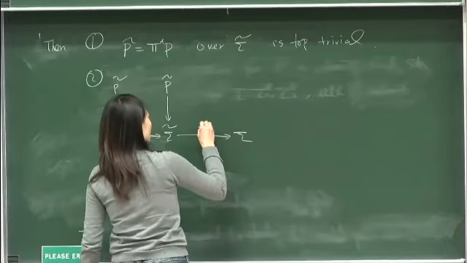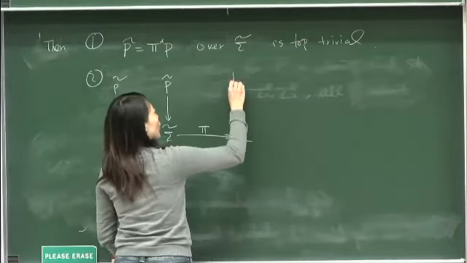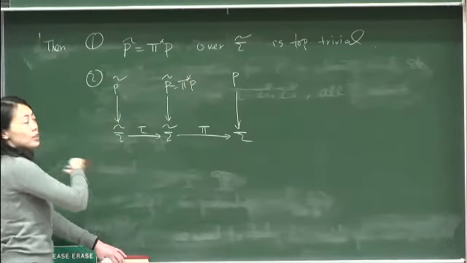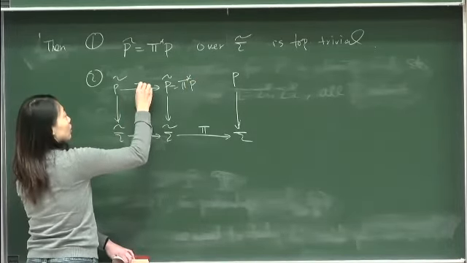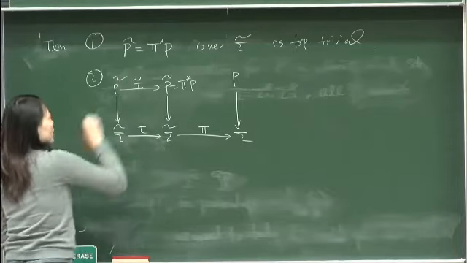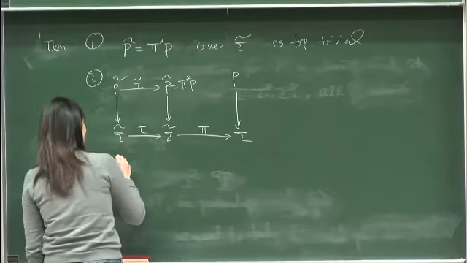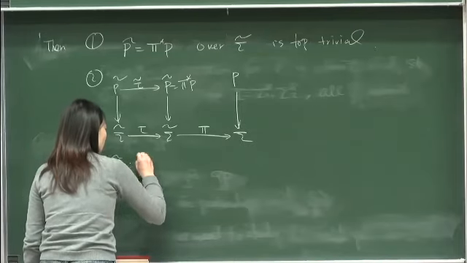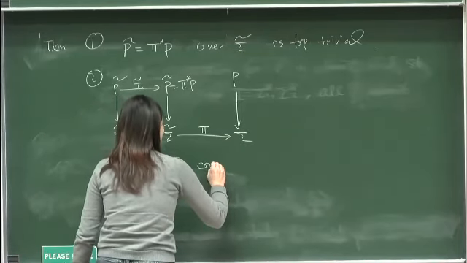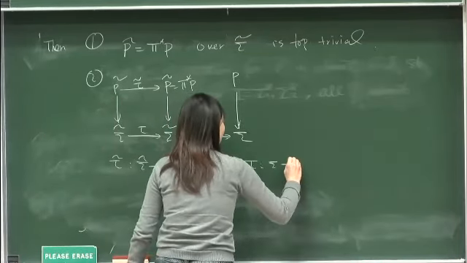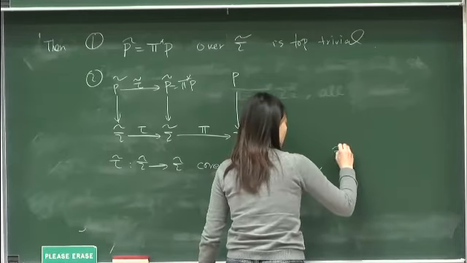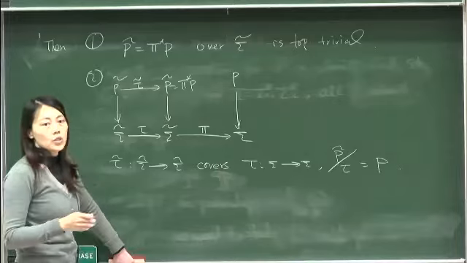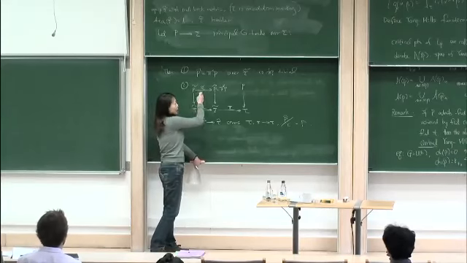This is sigma, this is the projection, you have this P. So this is the pullback bundle, and this induces a tau here, which we would write as tau tilde. So this tau on sigma tilde covers tau on the base, and such that P tilde quotiented out by this tau is our P. There's a way to see how you get this tau tilde.